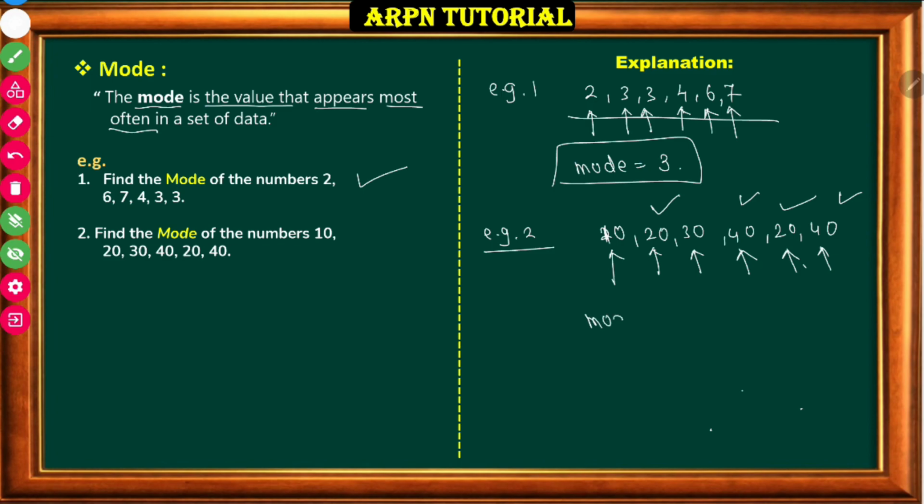So mode for this one is 20 and 40. Okay, very simple. How many times that number occurred in this series, so which number has maximum occurrence is nothing but the mode of this series or mode of this set.